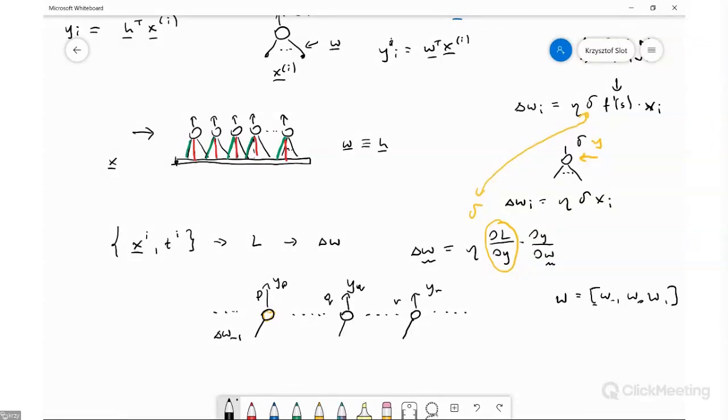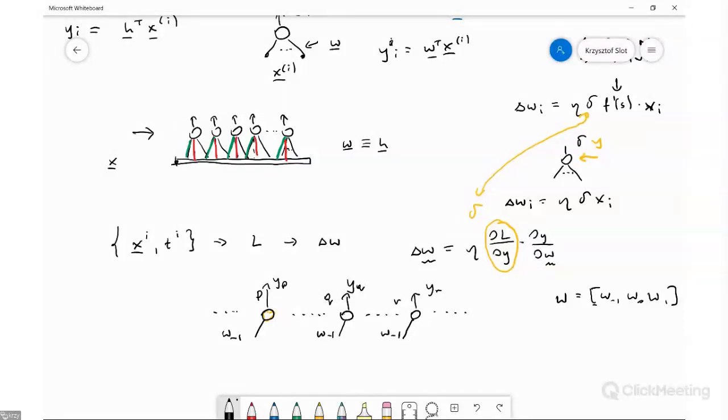It's a filter because these are linear neurons, but now I'm using the letter W instead of H. This is the same weight because all neurons have exactly the same weights.